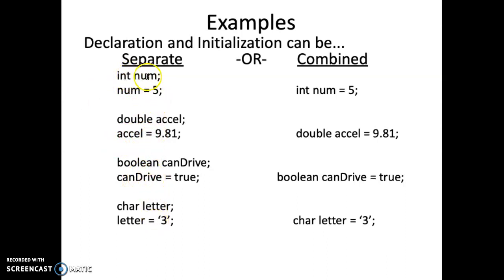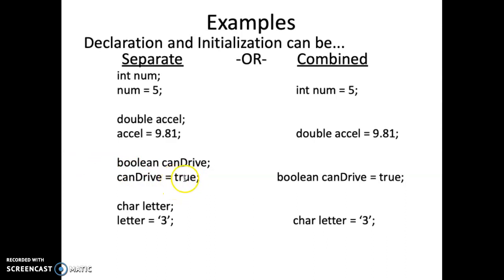Here are some more examples of declaring and assigning values to variables on the left. So here we declare the num variable to be an integer. We give it a first value of 5. Here I declare a double variable called Excel, and then I say Excel gets the value 9.81. Here's a Boolean variable, and it gets a value of true, and you'll notice true and false are also keywords.